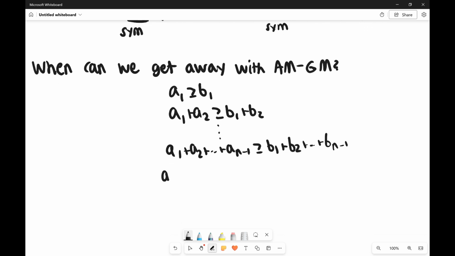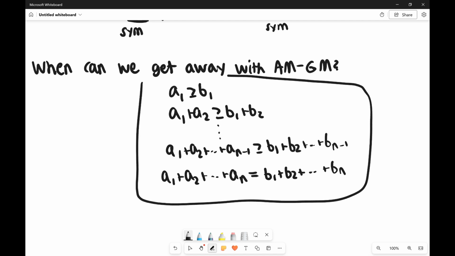And finally, a1 plus a2 plus all the way to plus an is equal to b1 plus b2 plus all the way to plus bn. If these conditions hold, then Muirhead's inequality states that we can get away with AM-GM.